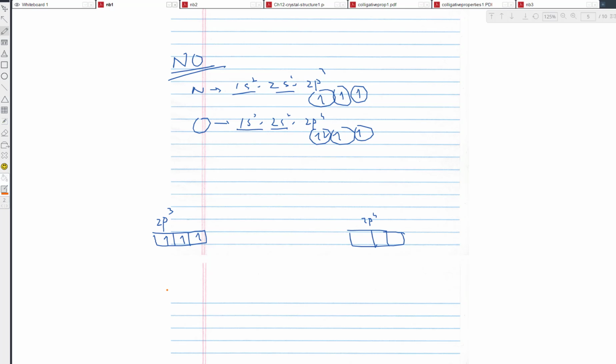I don't know exactly which one is higher or lower in energy, so I'm just keeping them equal. Sometimes books put one a little lower or higher because they know the experimental values. I'm just putting equal.